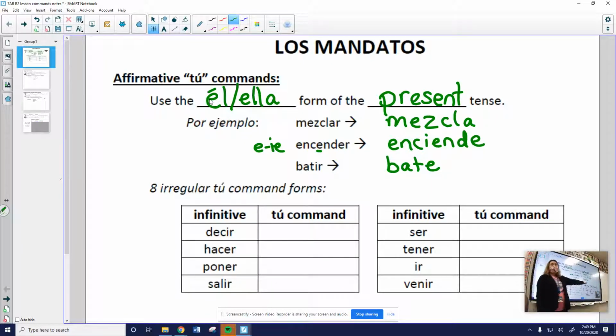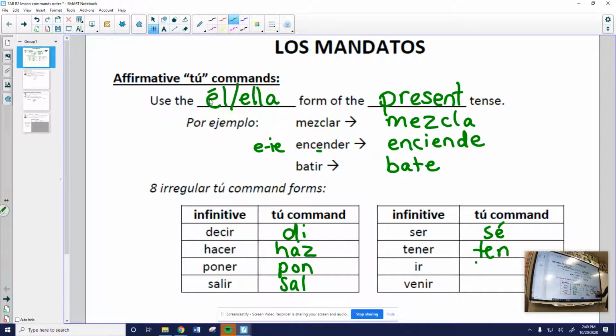There are 8 irregular tú command forms. Vin Diesel has 10 weapons, eh? Does that sound familiar? Hopefully, maybe. I like the one that goes, Di, haz, ve, pon, sal, sé, ten, ven. Di, with an accent mark. The accent's important.